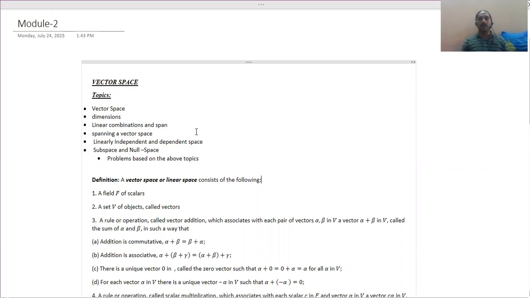The resultant set is a vector space or not. This is a part of the vector spaces. Every topic has a problem. So what is a vector space definition, as well as based on the definition we have a problem.